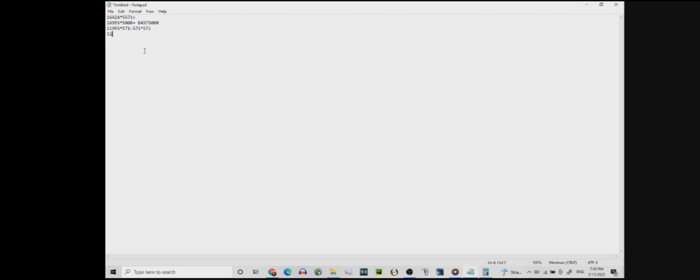So 1142 times this and one. And look at that. It's literally this minus this. If you can remember that, then you can just apply it constantly whenever you do this. The minus.